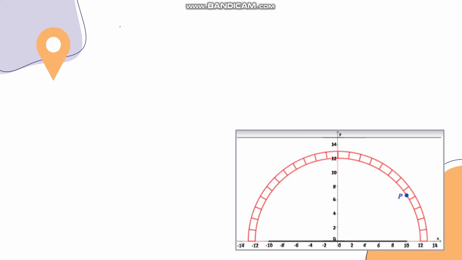To solve that, we have to be reminded of the equation of circles. The standard form for the equation of a circle is (x minus h) squared plus (y minus k) squared equals r squared. From the problem, we know that (h, k), our center, is (0, 0). We also know that the radius is equal to 12.